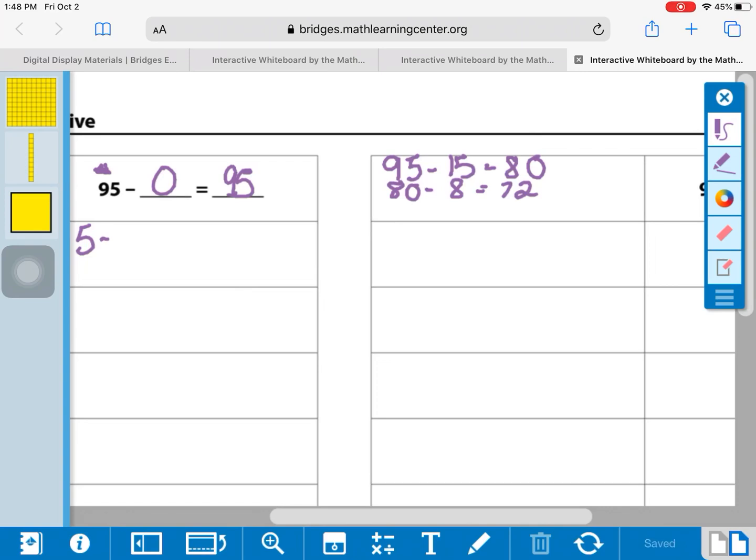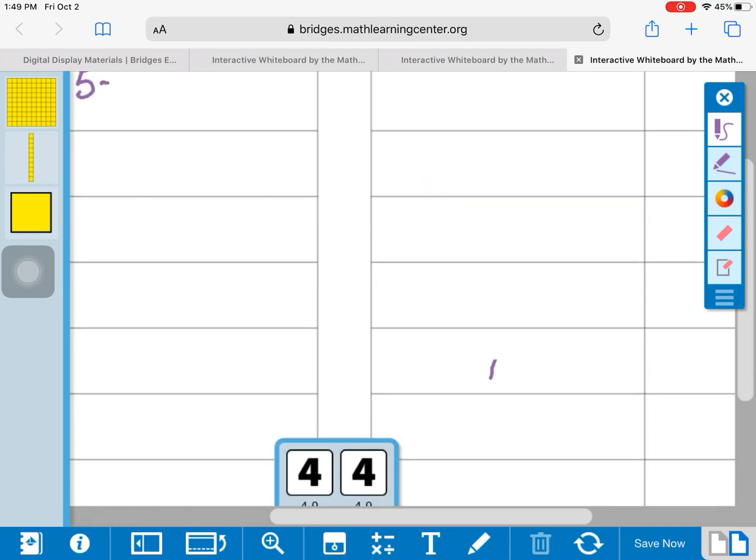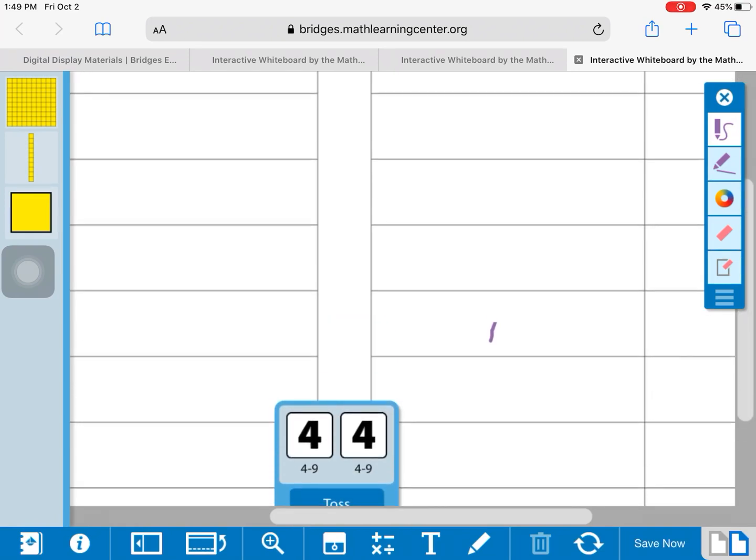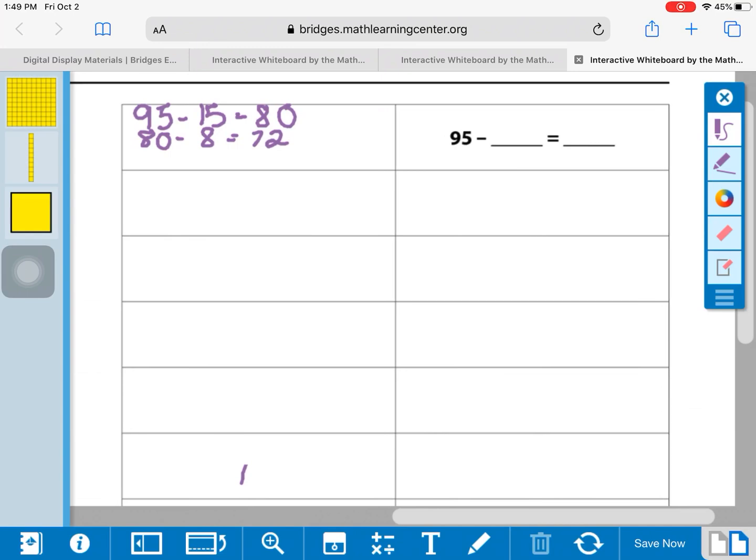Right now I'm sitting at 72. I can continue on and do my total of whatever I'm rolling and go from there. But you know what? I'm going to keep it because I don't want to risk it anymore. So I'm going to take 15 and 18, subtract that from 95, which happens to be a total of 23. And I'm going to get my total of 72.